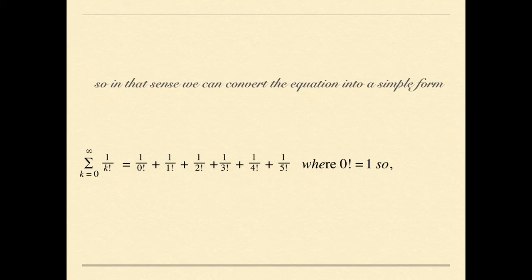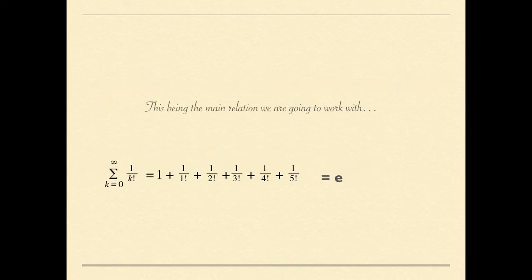So we can write it this way: 1 plus 1 by 1 factorial plus 1 by 2 factorial plus 1 by 3 factorial plus 1 by 4 factorial plus 1 by 5 factorial and so on. I haven't written the dots after 1 by 5 factorial, but you have to keep in mind that it's an infinite series, and when it converges, the value of e comes out magically.